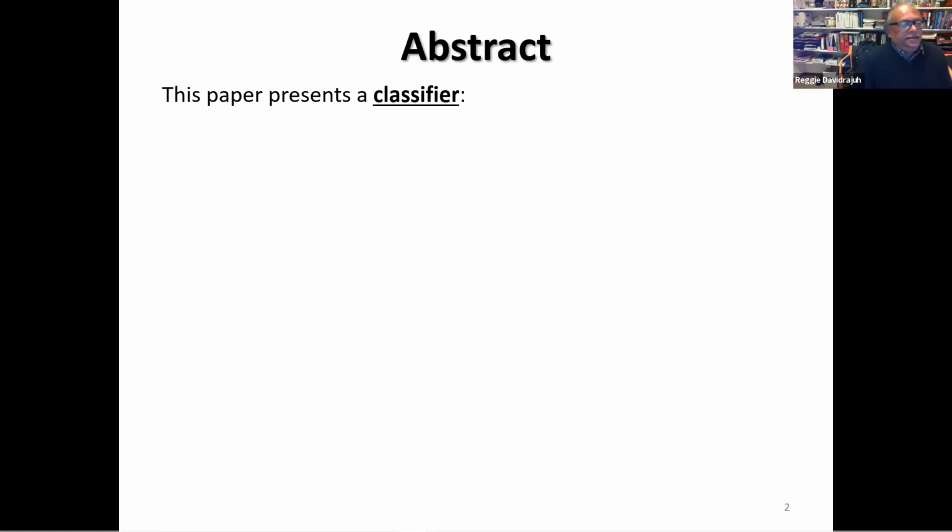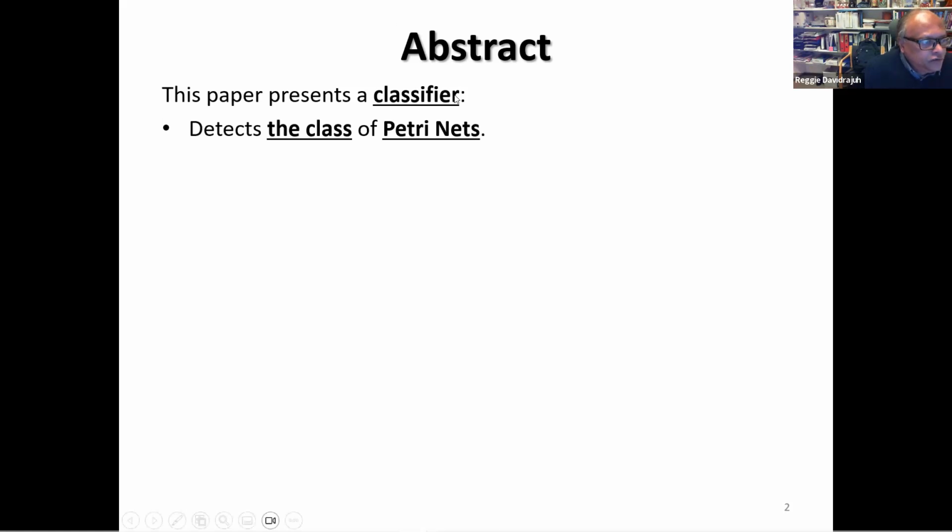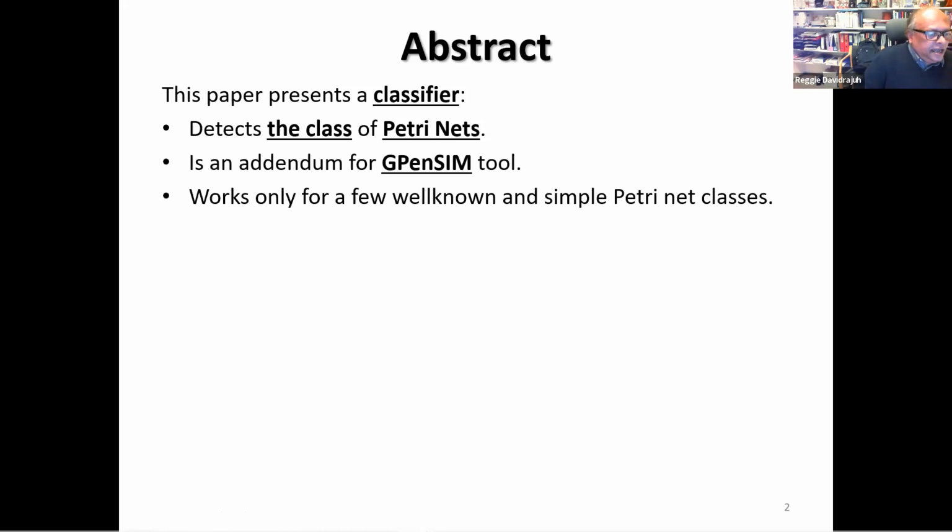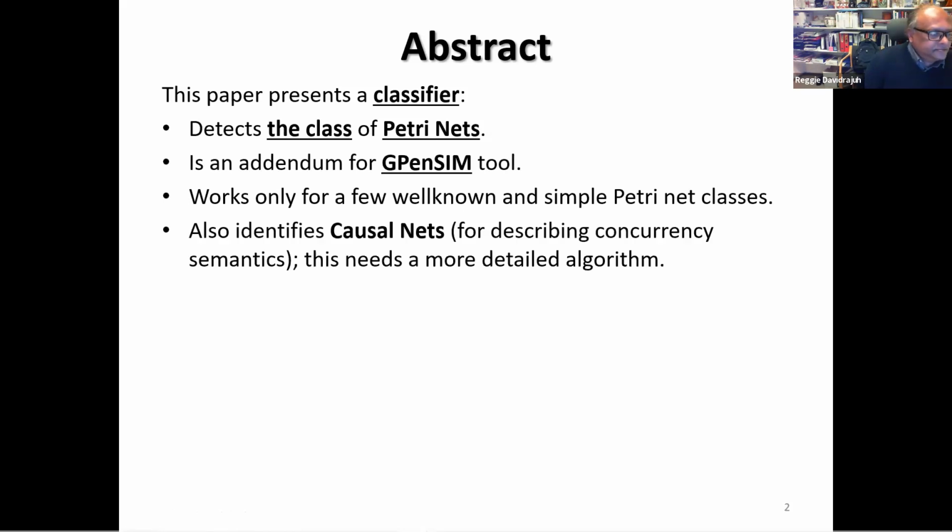So that is the idea. This PetNet classifier, the new function, which I just introduced into my tool, detects the class of PetNet, what type of PetNet it is. However, since this is my work, right now, the classifier only identifies the well-known classes. Also, CausalNet is a special class.